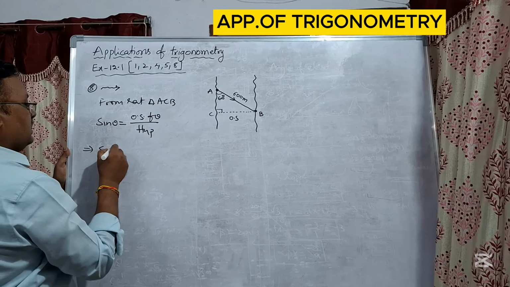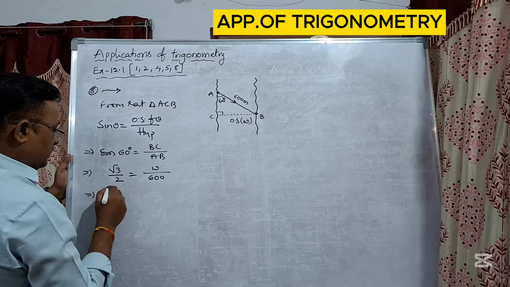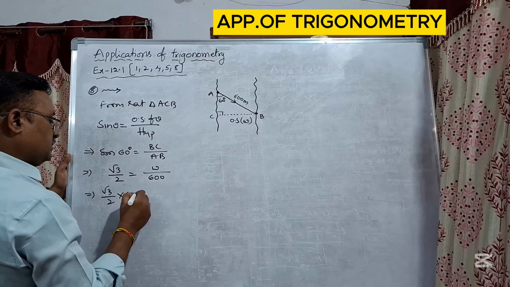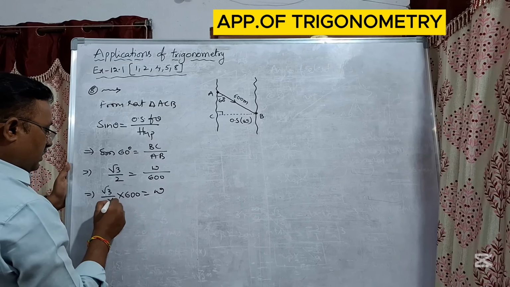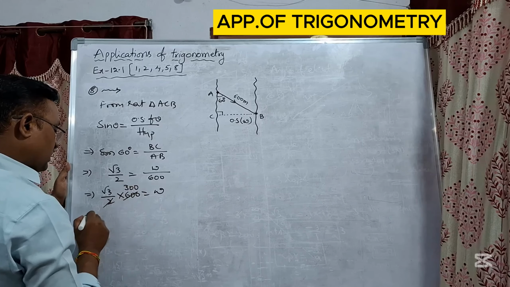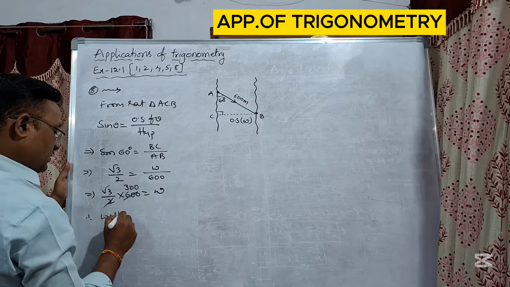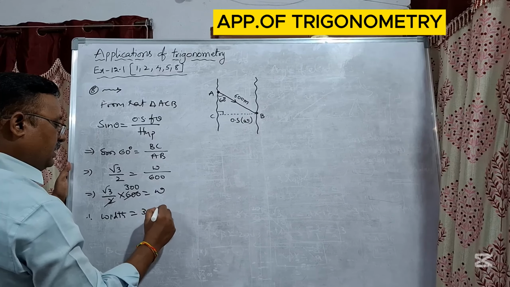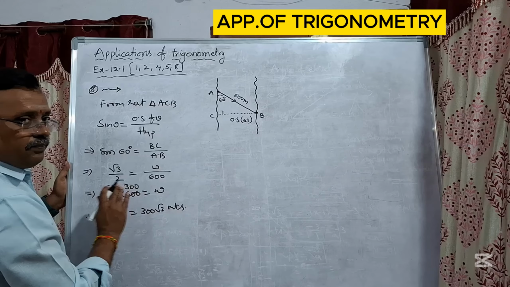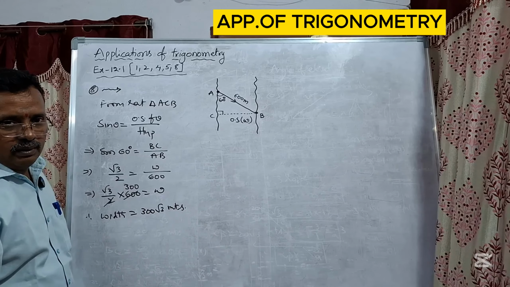That implies sine 60 means root 3 upon 2 is equal to BC, the width of the river W, by AB value 600 meters. Now cross multiply them. This implies root 3 by 2 into 600 is equal to the width of the river. 2 ones are 2, 300s are 300. Therefore, width is equal to 300 into root 3 meters. That's it. This ends the problem.